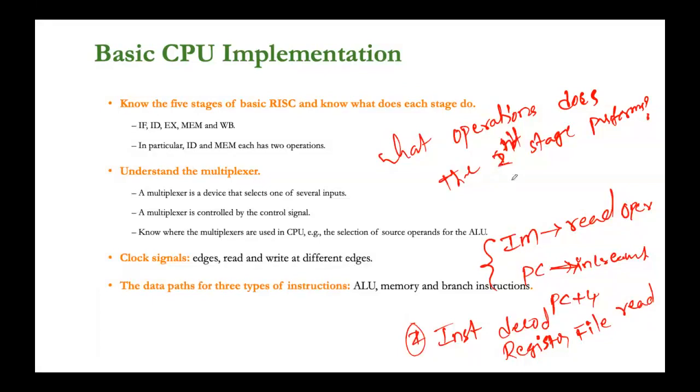Okay, so what operations does your third stage perform? The third stage, what are the different operations it performs? ALU operation and zero detection, from Benjamin. ALU and zero, Julian. Performs arithmetic operation.